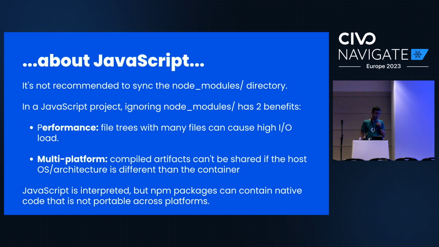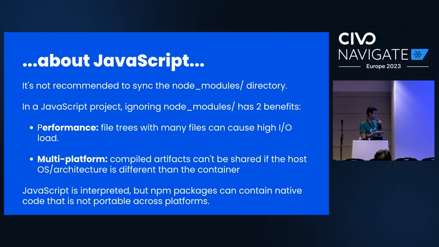So as I said, about JavaScript, it's not recommended to use this sync because usually we don't bring node_modules with ourselves. We put them in .gitignore. Even without the containers, we let the other people do npm install and so on. So they say in the documentation that for now it's better to use the other one if we are using a JavaScript project, which is the one that we will do, of course.